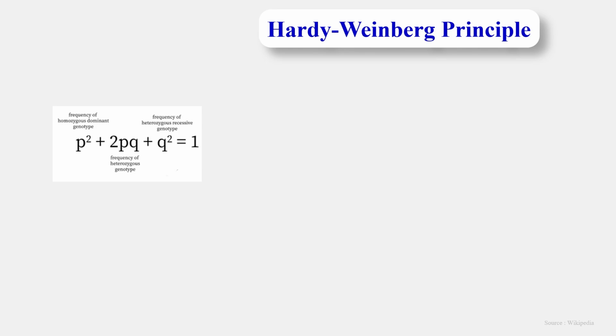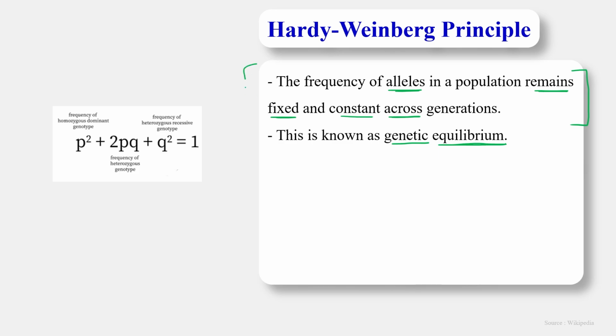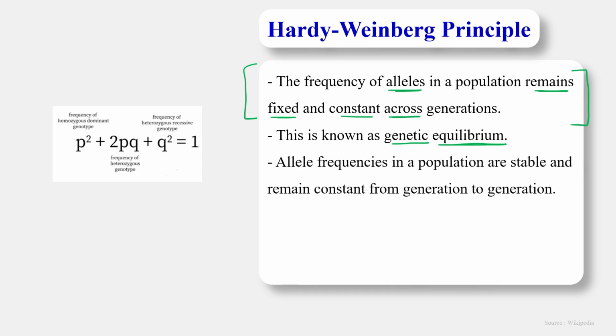Now the Hardy-Weinberg principle. The Hardy-Weinberg principle means the frequency of an allele in a population remains fixed and constant across the generations, and this is known as genetic equilibrium.